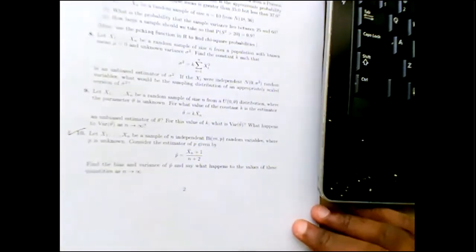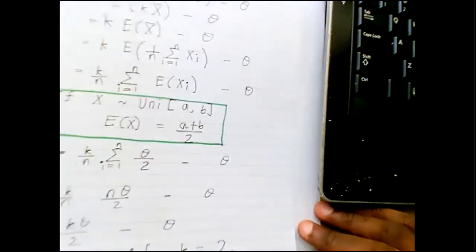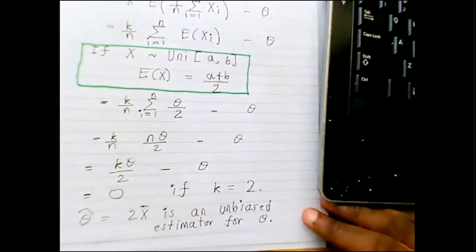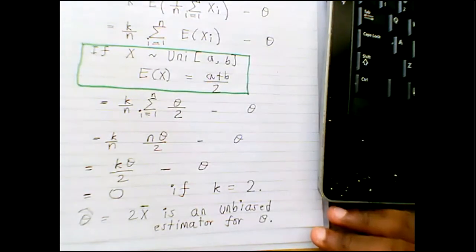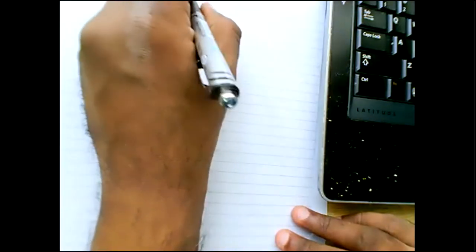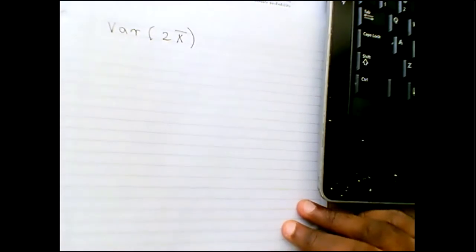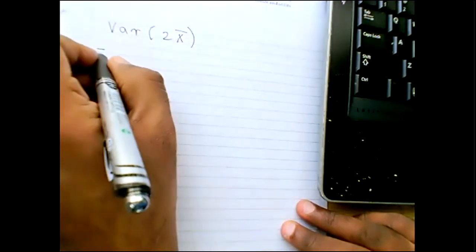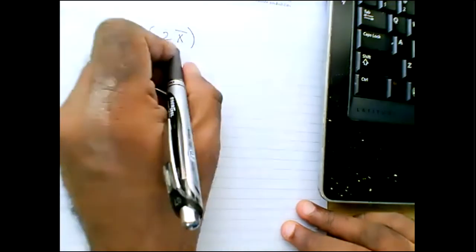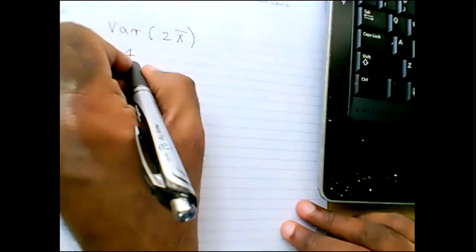Okay, the second part of question 9 is to find the variance of theta hat. So that's what I'm going to do now. I'm going to find the variance of 2 times x bar and see what happens as n goes to infinity. If you take the 2 outside, it becomes 4.